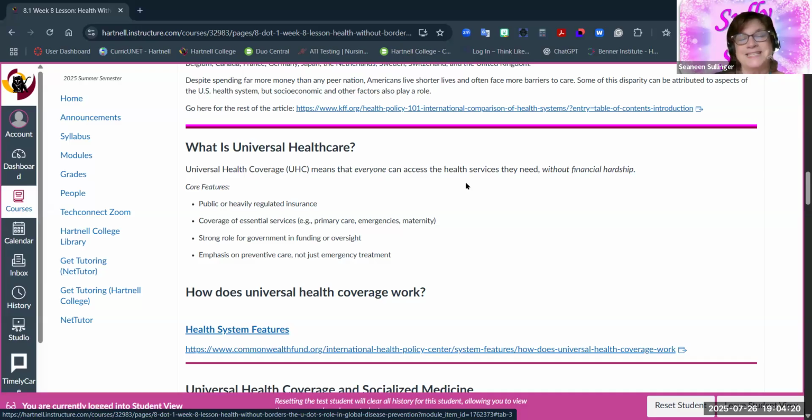The emphasis is on preventive care, not just emergency treatment. At one point in the United States, maybe the 80s or 90s, when I was first starting out as a nurse, we were very reactive. Oh, emergency. Oh, there's this trauma. Oh, there's a chronic illness that has had an exacerbation, gotten worse, like an asthma exacerbation or chronic obstructive pulmonary disease exacerbation, and we're going to treat that here in the hospital.